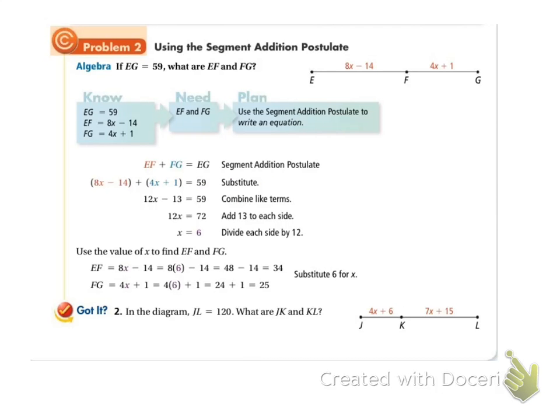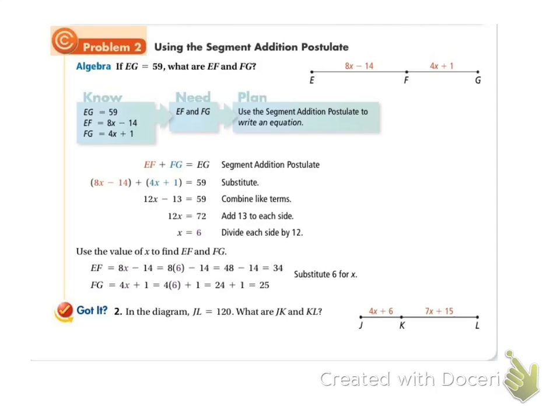Okay, so now let's use that segment addition postulate. So if we're told that EG, this whole line here, is 59, and we're given expressions for EF and FG, we can find what those numerical values are. So I know that EF plus FG is equal to EG, so the two bits added together is equal to the whole.